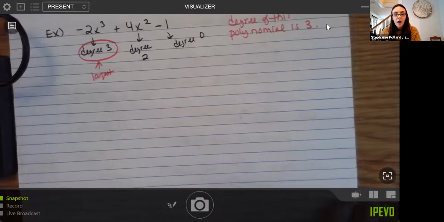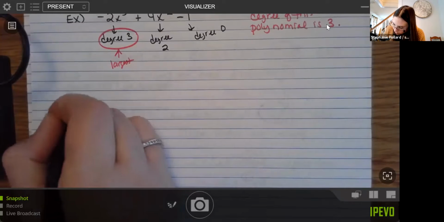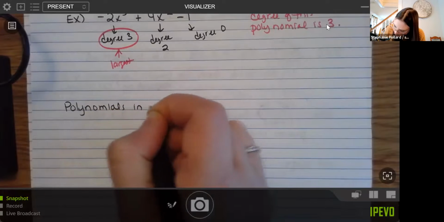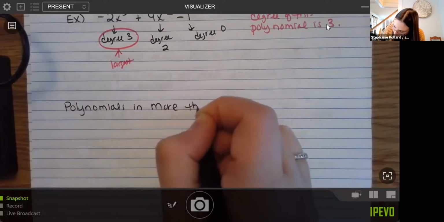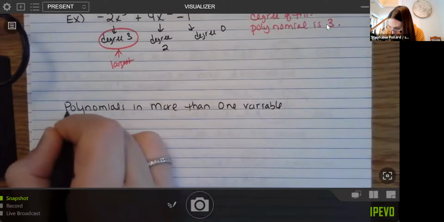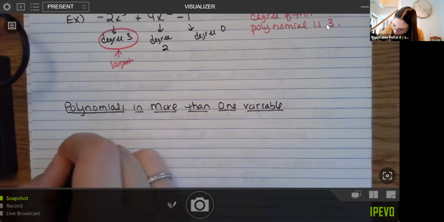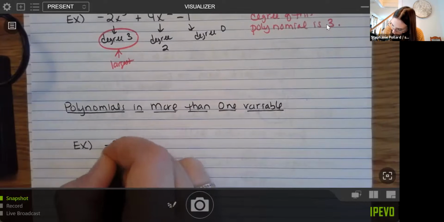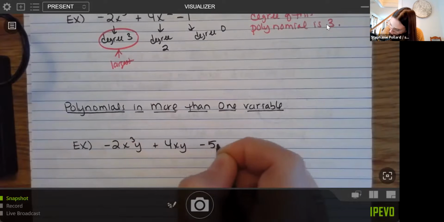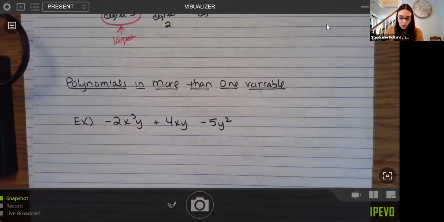Now, you can also have polynomials in more than one variable. So for example, maybe something like negative 2x cubed y plus 4xy minus 5y squared. Here I have two variables that are being brought in. It's still a polynomial.